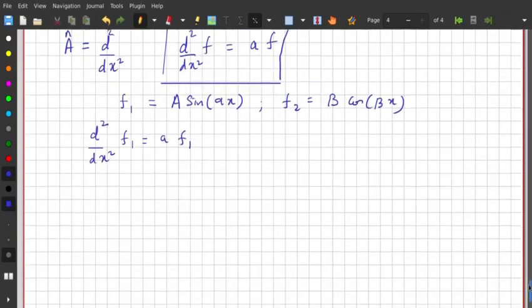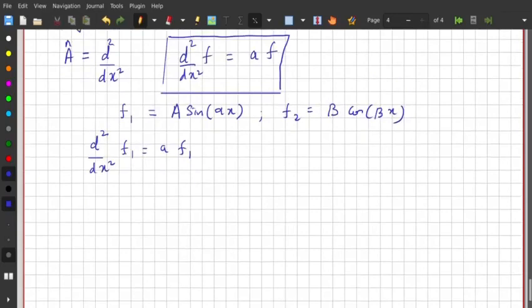So let's substitute this f1 here. Let's take the first derivative. d/dx of f1 is a alpha, the derivative of sine being cos alpha x. That's the first derivative.